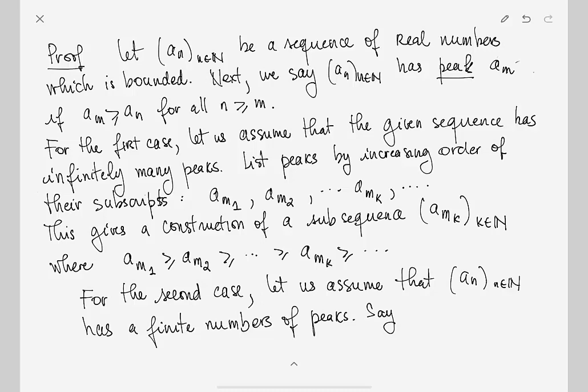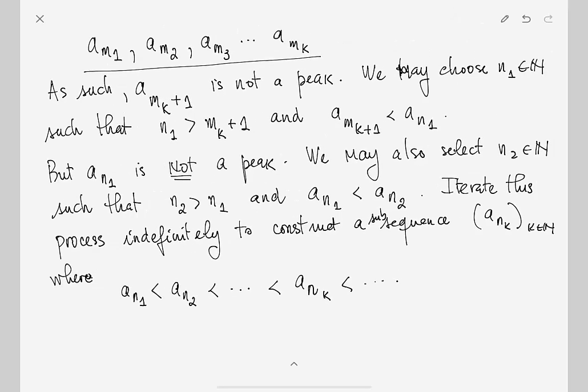So whether we are in case 1, where we have infinitely many peaks, or in case 2, we were able to construct a subsequence which is monotonic and also bounded, since the parent sequence is also bounded.